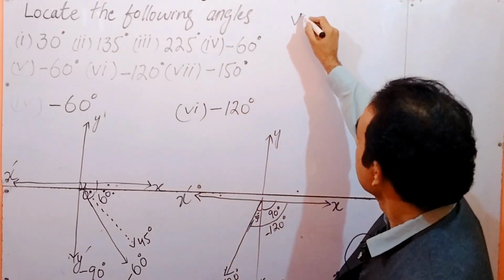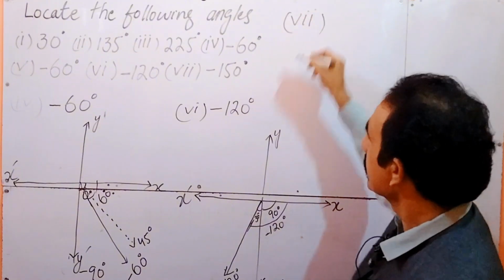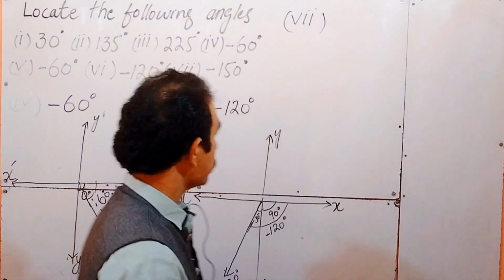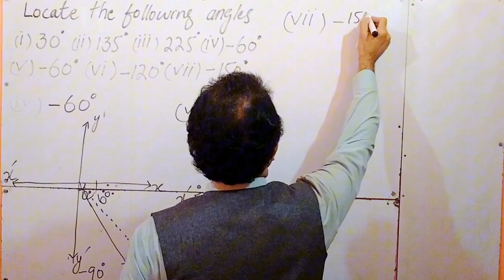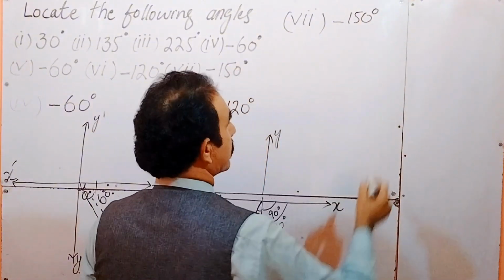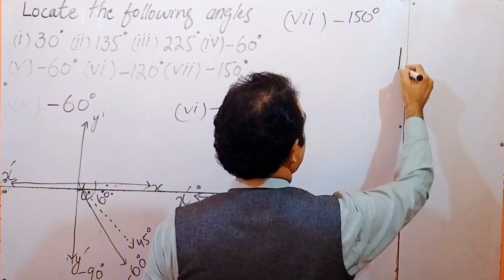And another example, minus 150. We draw here axis.